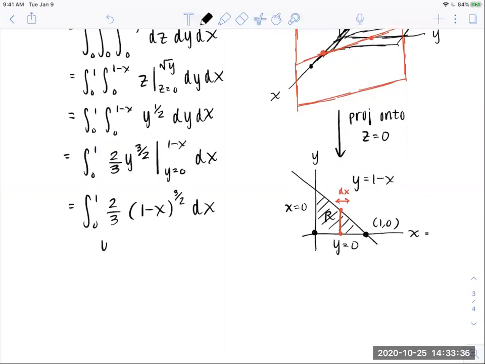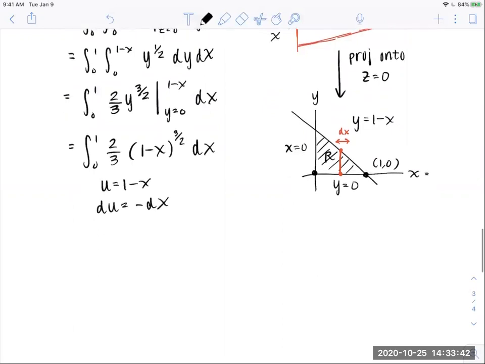Okay, I could do a u substitution here for 1 minus x. That means du is negative dx. And again, I'm going to change my limits of integration. 0 becomes 1 and 1 becomes 0. Negative 2/3 u to the 3/2 power du, where this negative sign in front is coming from that negative dx.